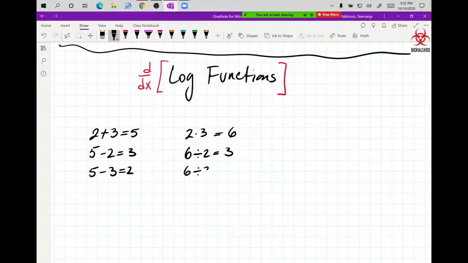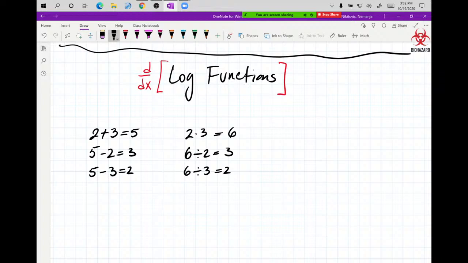And 6 divided by 3 is 2. So we do have an operation, which is multiplication. You memorize those tables, and you go from there. And if you need to retrieve any one of them, you have the opposite operation, which is division.